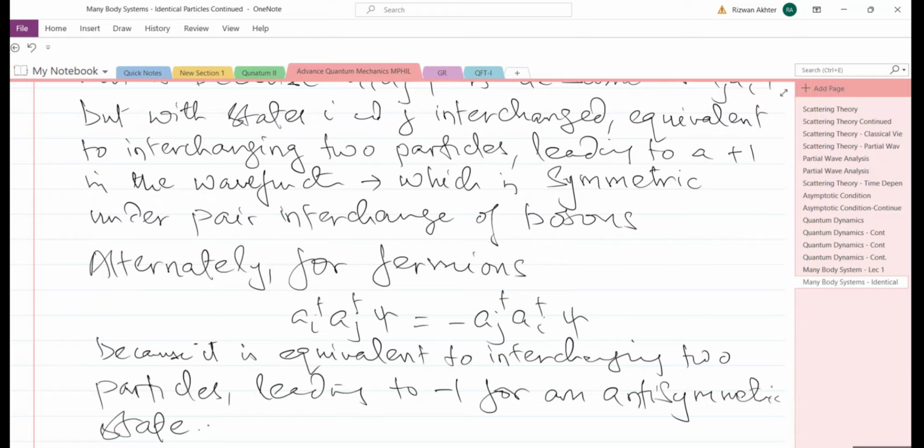For particles for which the spin is half integer multiple, that is fermions, the restriction one imposes is not commutation relation but anti-commutation relation. And you can see mathematically the difference of a plus sign and a minus sign in those relations. Corresponding to that, you have lambda equal to plus 1 and lambda equal to minus 1. So this is basically the reason we take this.